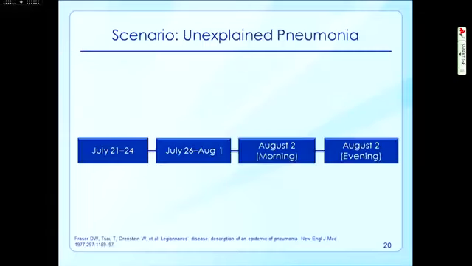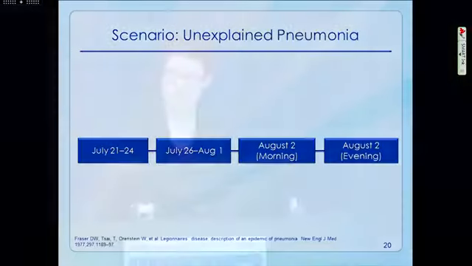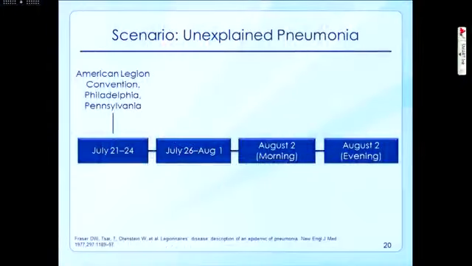But now let's look at an example of how rates were calculated and used in an actual case of unexplained pneumonia. Members of the American Legion gathered for the annual American Legion Convention held July 21st through 24th, 1976 in Philadelphia.